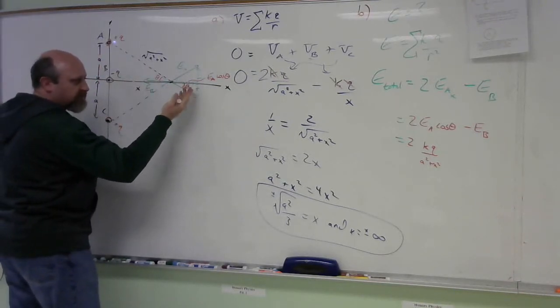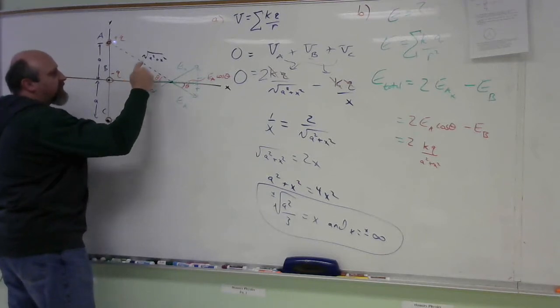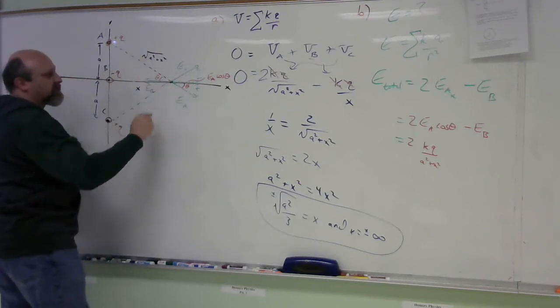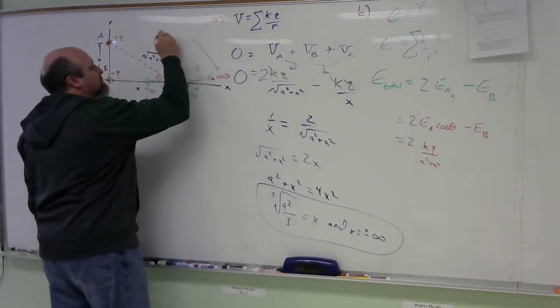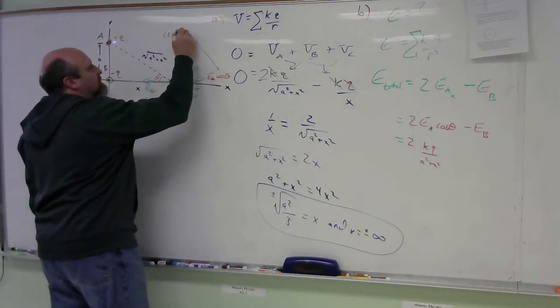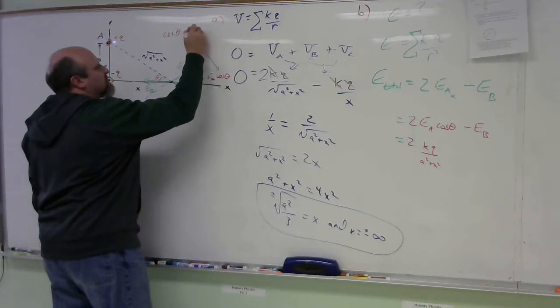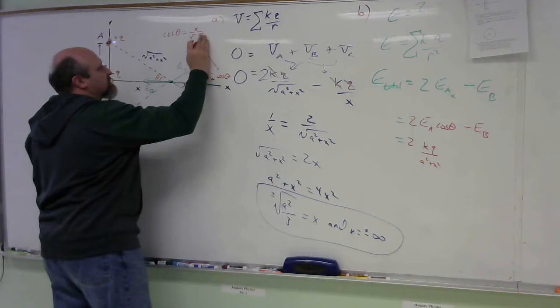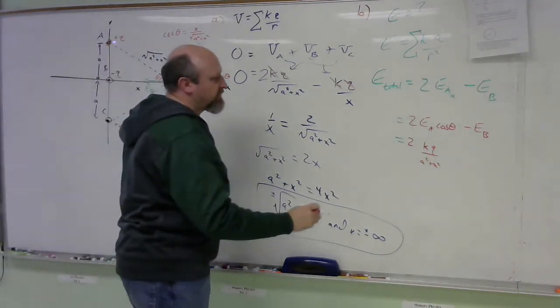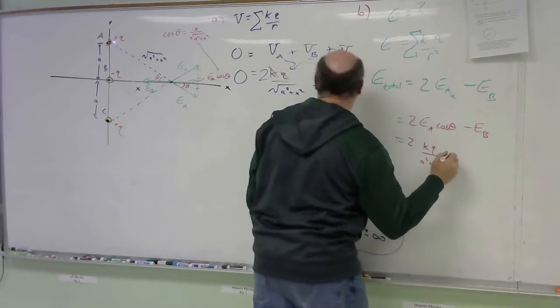It's the same as the cosine theta for this triangle. Cosine theta is adjacent over hypotenuse, so it'd be x over the root of A squared plus X squared. That's what cosine theta is. So from a little trig, it's adjacent over hypotenuse. So I'm going to put that in here for cosine theta.